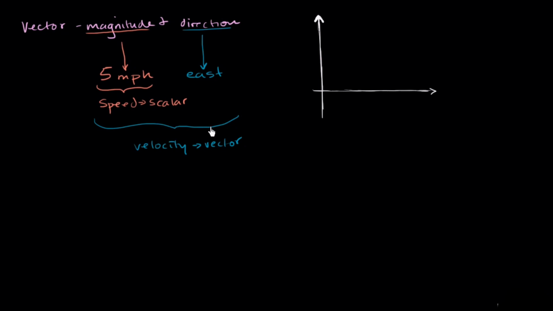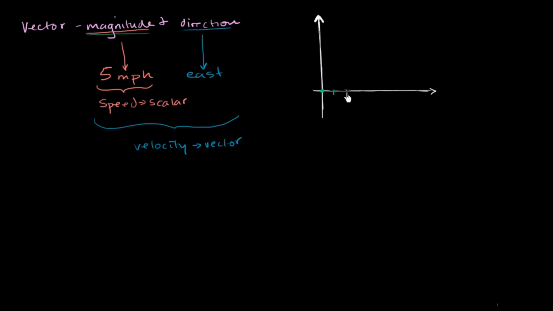One way we could represent it is as an arrow that is 5 units long. We'll assume that each unit is miles per hour, and that it's pointed to the right, where we'll say the right is east. So for example, I could start an arrow right over here, and I could make its length 5. The length of the arrow specifies the magnitude.